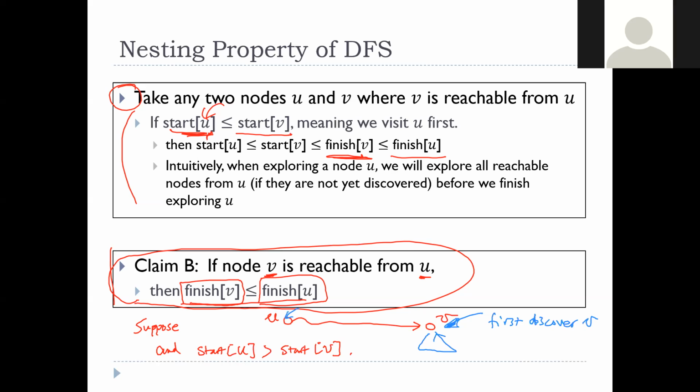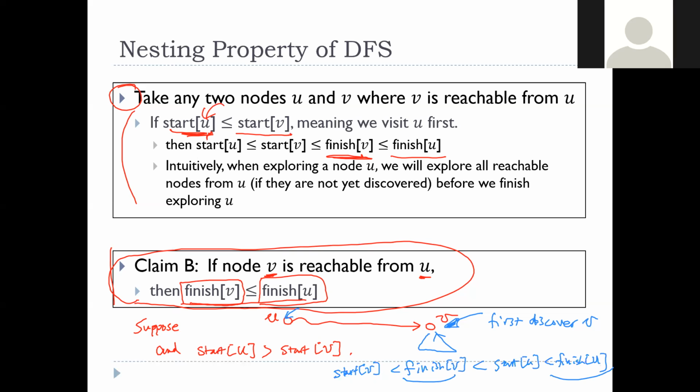Okay, so essentially using the previous claim, in that case we would have that the start time of V is smaller than the finish of V, before we go to the start of U and the finish of U. Okay, so this still implies that V has to finish before U finishes.